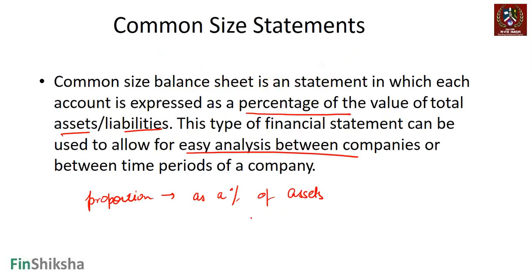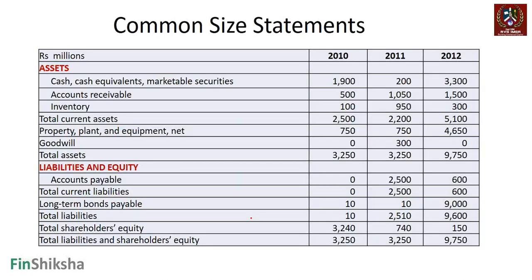How do they become important? Let's take a generic example. Let's assume there's a company with assets and liabilities as given here, with total assets of 3250 and total liabilities of 3250, and different numbers for the other headers. These are just hypothetical numbers. How do I find common size statements?